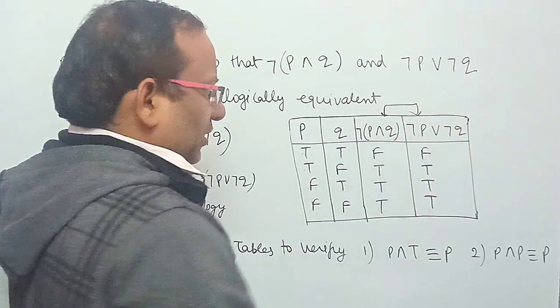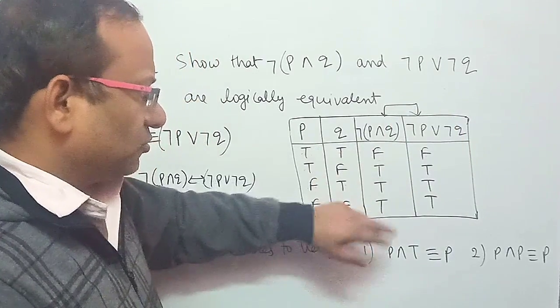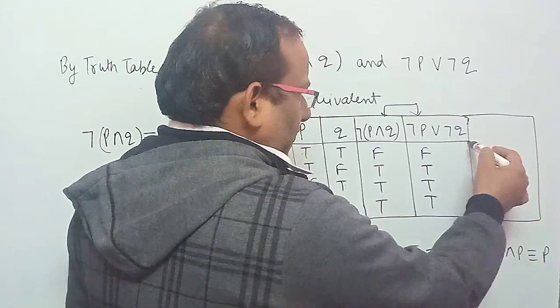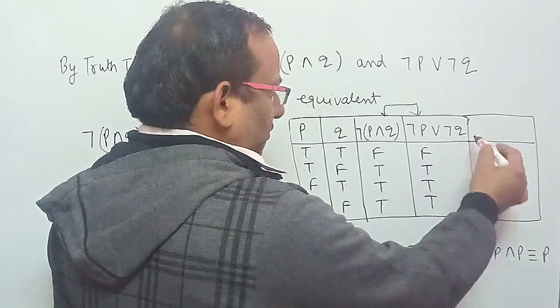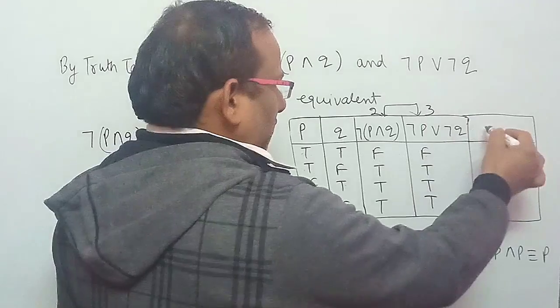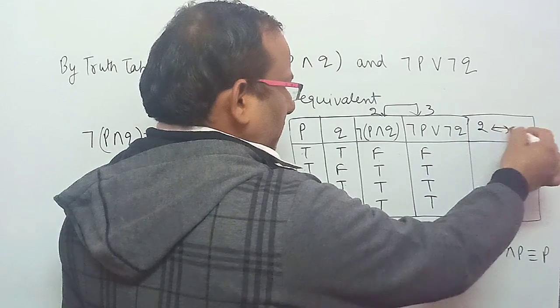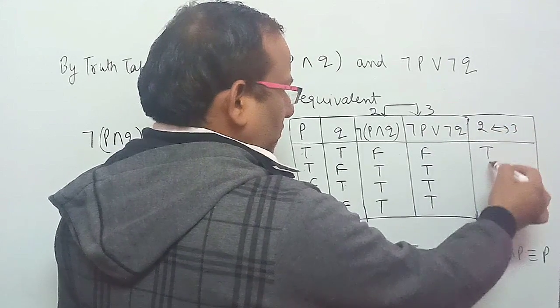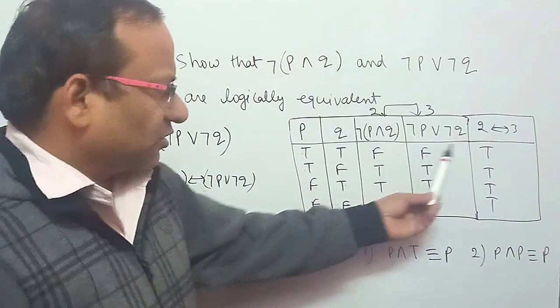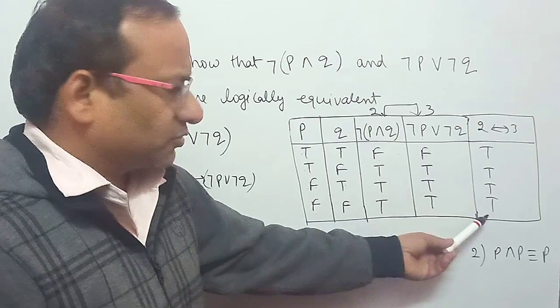If these two columns are identical, then if we perform their biconditional, let's call it column number 2 and column number 3, then 2 biconditional 3 is going to be true in all cases, because false biconditional false is true, true biconditional true is true.